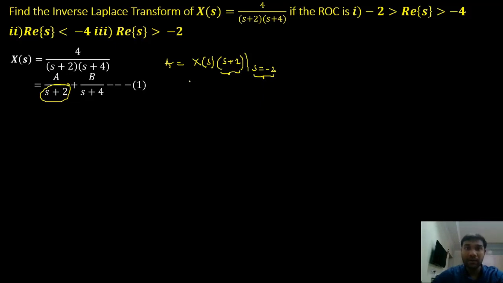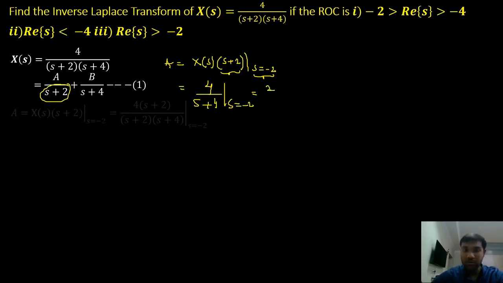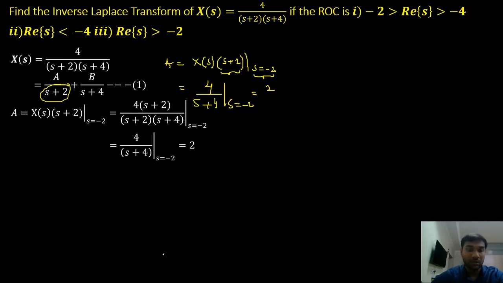So X(s) into (s plus 2) is going to be 4 by (s plus 4). If I substitute s equal to minus 2, what is my A? 4 divided by 4 minus 2, that is 4 divided by 2, that is 2. 2 is my value of A.